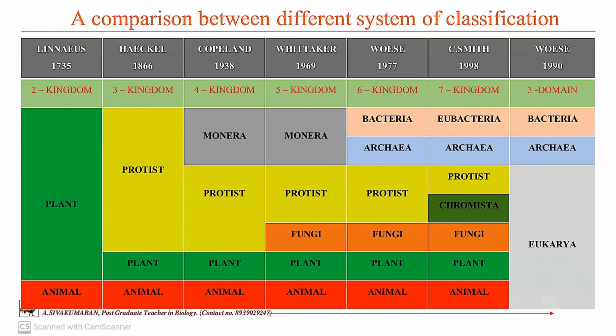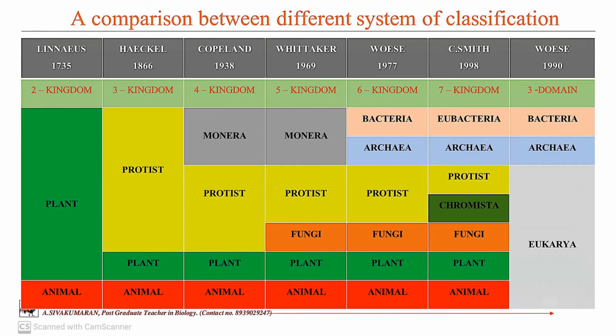In five kingdom, from plant, all those without pigments have been separated from the plant kingdom, and they got a separate category called the fungi. So thus in five kingdom we have Monera, Protista, then fungi, plant and animal.